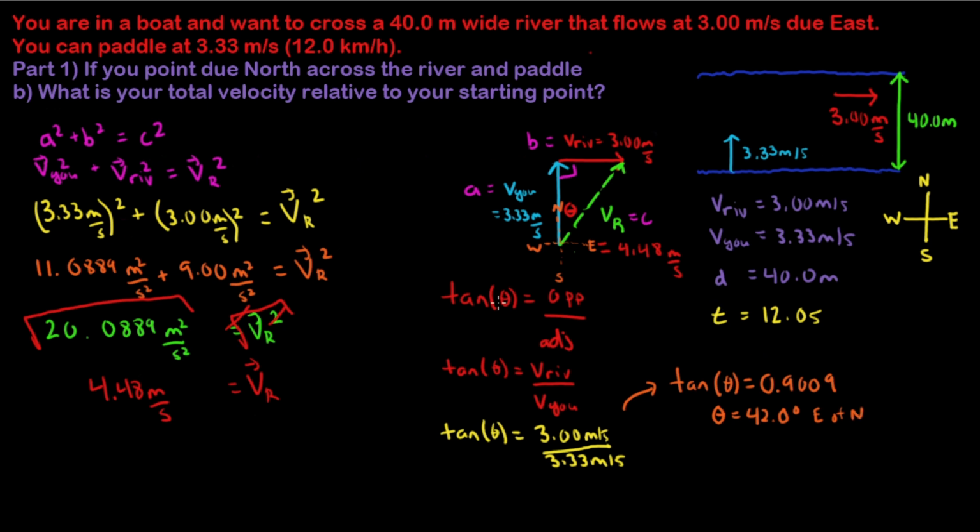We can add this answer to our variables here. The velocity resultant, what we're finding in part B, is equal to 4.48 meters per second at 42.0 degrees east of north. And we're now ready to find part C.